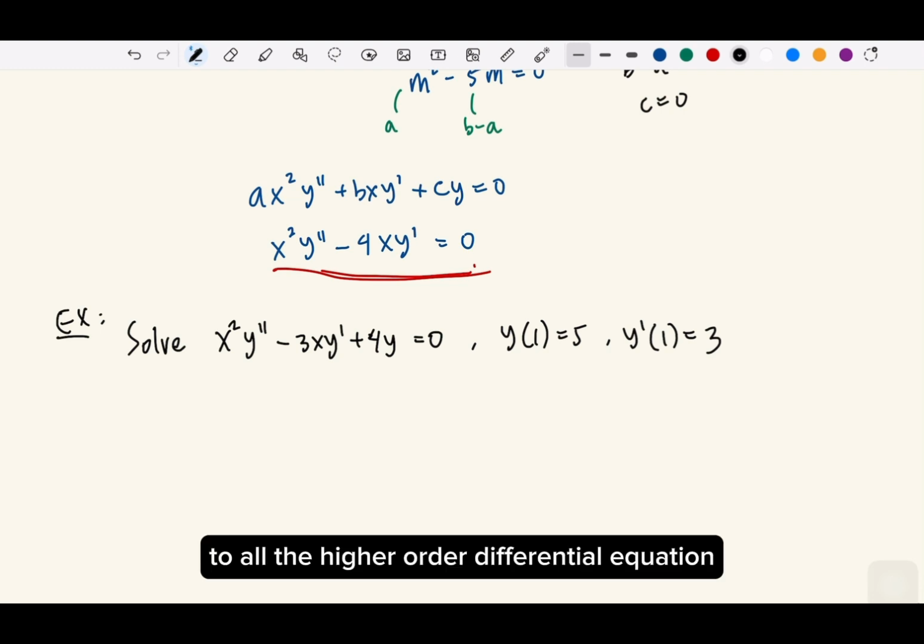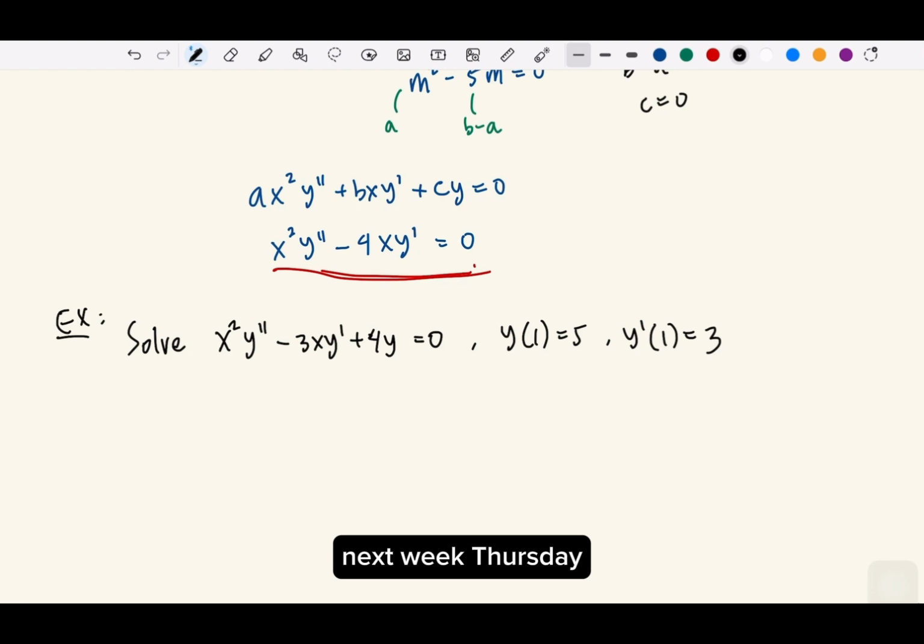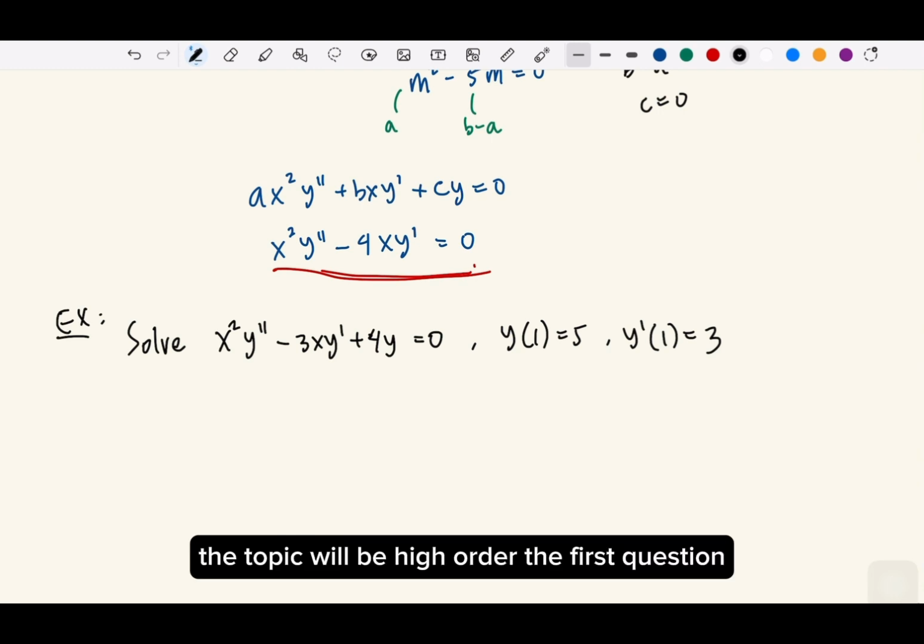So all the higher order differential equation methods, we finish. As I mentioned, next week Thursday maybe a quiz. The topic will be the higher order differential equation.